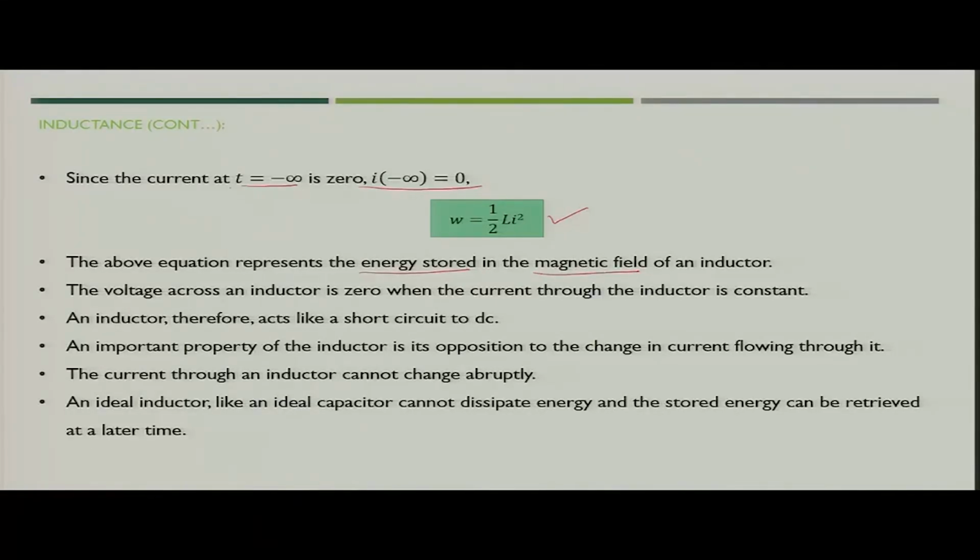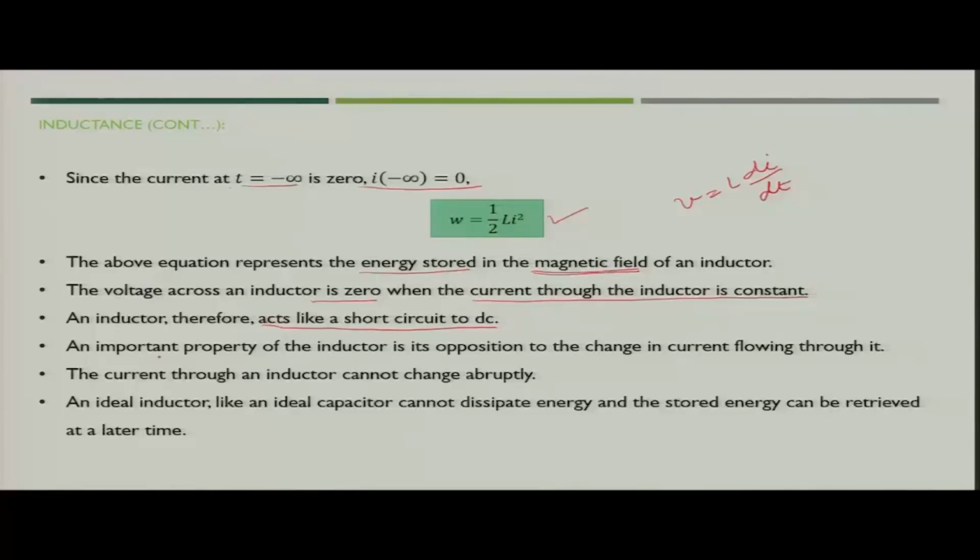Opposite to what we saw in the capacitor, a capacitor stores energy in the electric field, but the inductor stores energy in the magnetic field. Now, if the voltage across an inductor is 0, it means that the current through the inductor is constant, because V is L dI by dt, and V being 0 means the rate of change of current is 0. In that case, the inductor would act like a short circuit to DC.